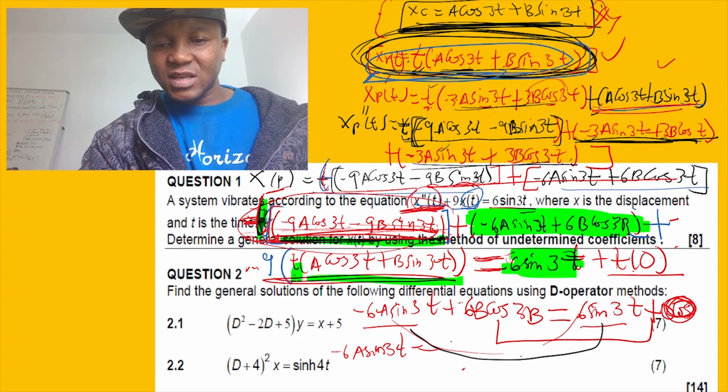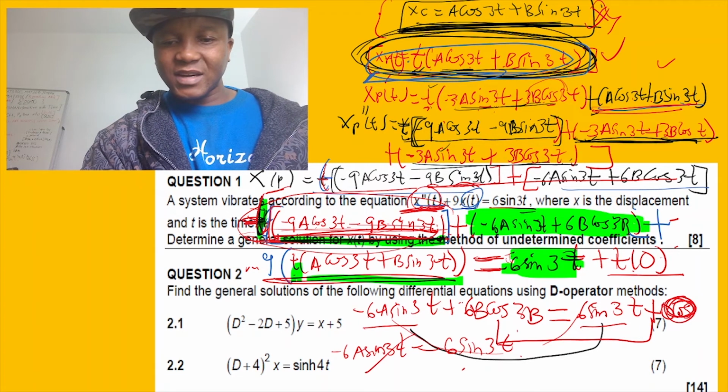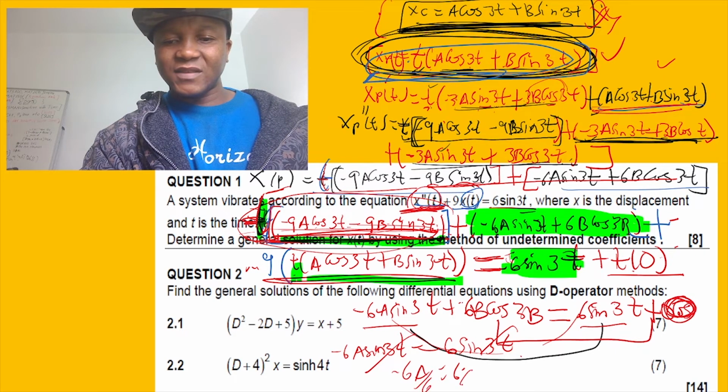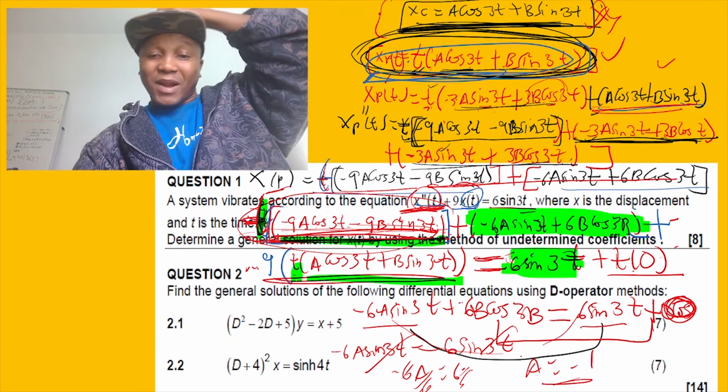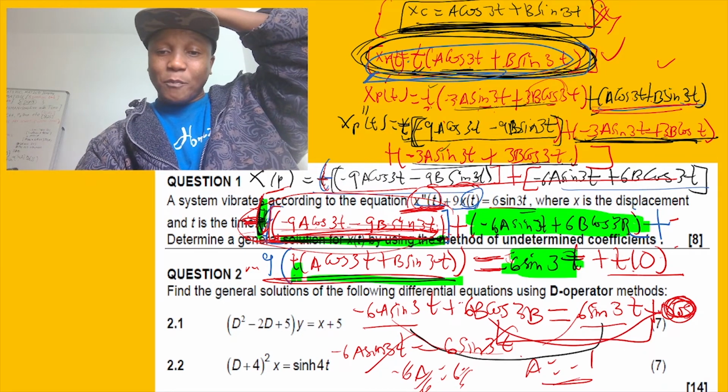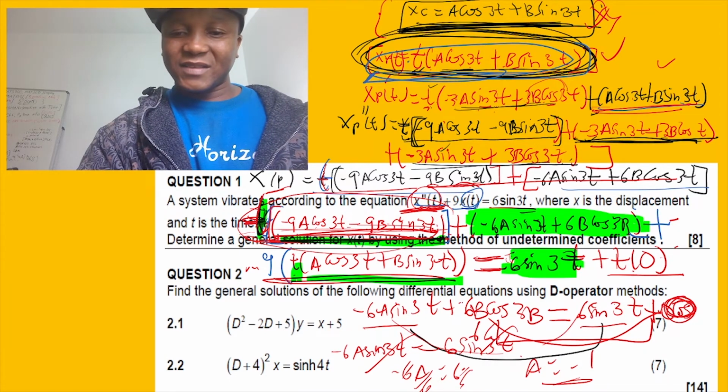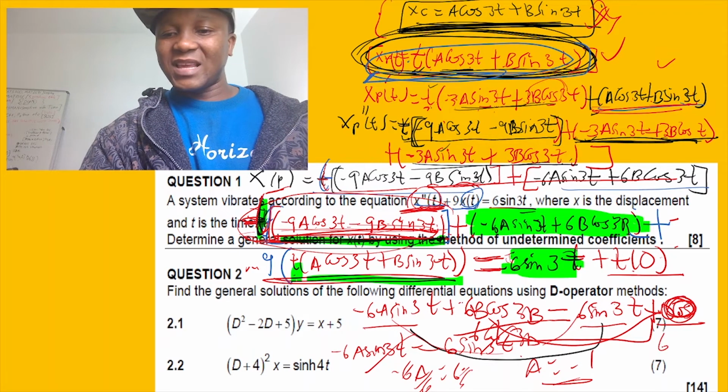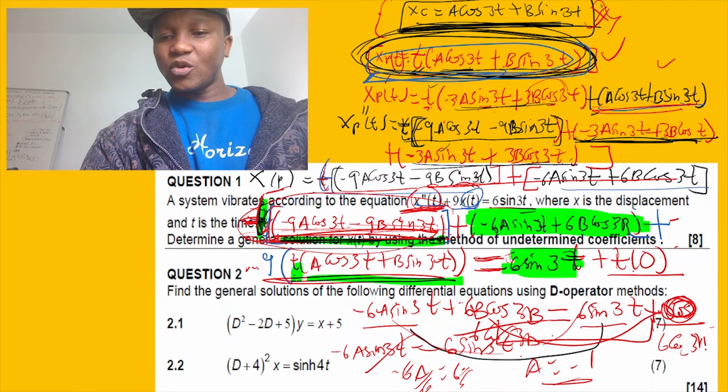Now look, sine 3t and sine 3t cancel. So negative 6a equals 6, divided by 6 on both sides, and this cancels. So a equals negative 1. For the second one, if you compare with the 0, b is going to equal 0, because when you divide by 6 cos 3t, this cancels, and 0 divided by anything equals 0.